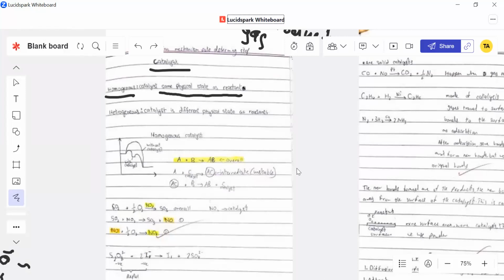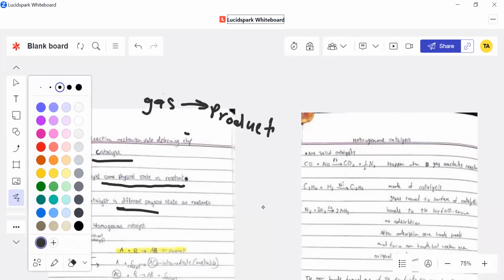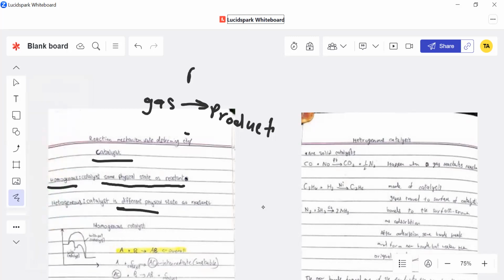So NO2 here is acting as a homogeneous catalyst. Whereas heterogeneous catalysts are catalysts that are in a different physical state compared to the reactants. So let's say that my reactants are still gas, but the catalyst now would be a solid instead.